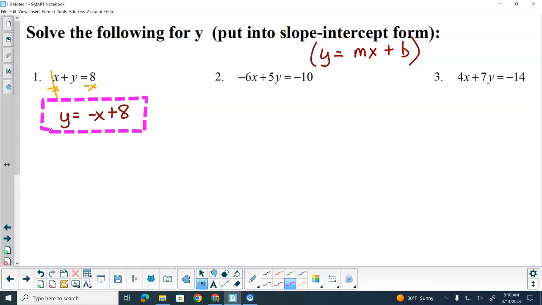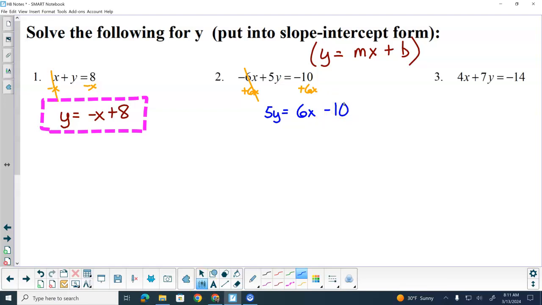First step in number 2. Plus 6x to both sides. Yep, adding 6x. That makes those go away. That gives me 5y equals 6x. Oops, I almost put plus 10. Minus 10. Love it.